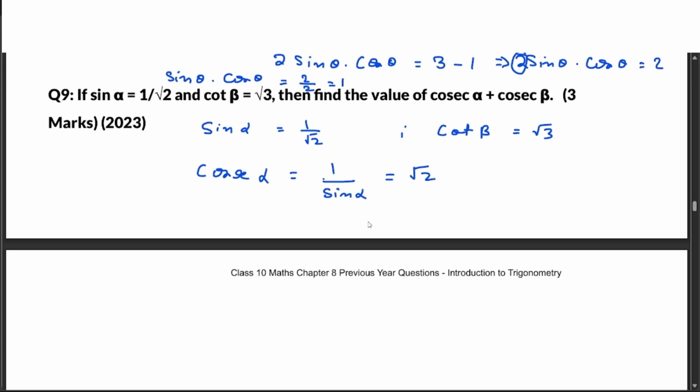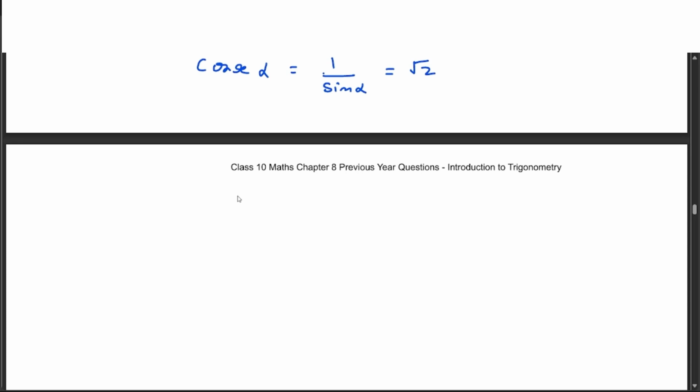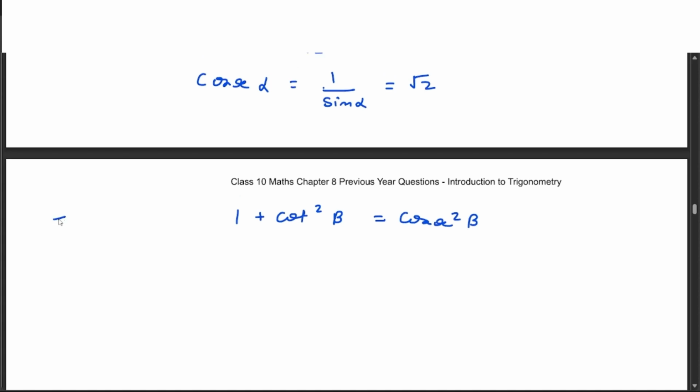In the same way, now we know one identity, that 1 plus cot square beta is equal to cosec square beta. Can we write here? Now, this is your identity, you know.